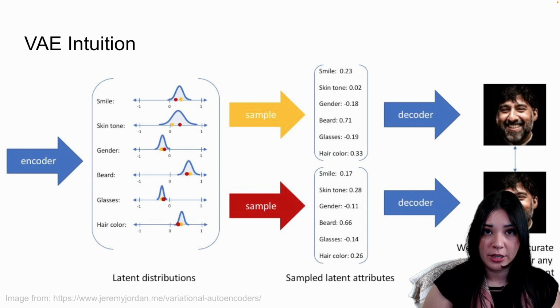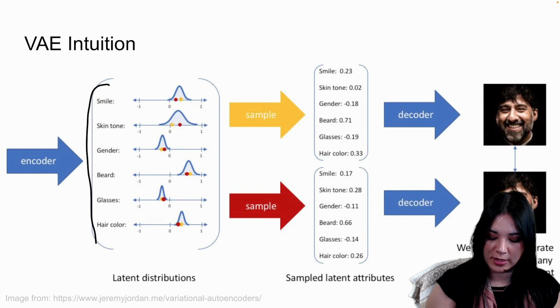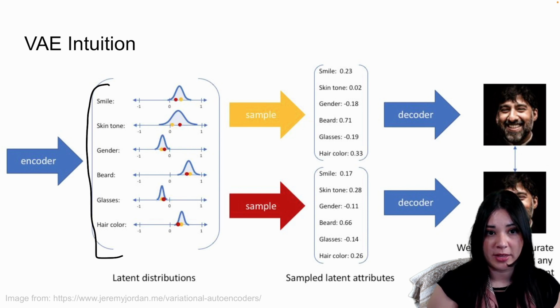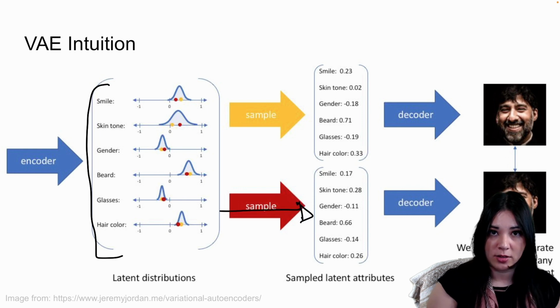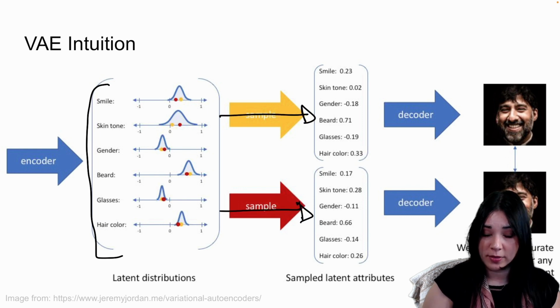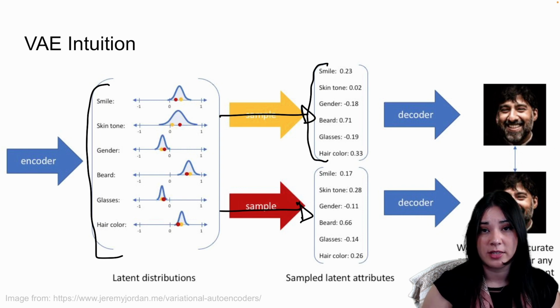For example, here you see these same distributions that we saw on the previous screen, where from the input image, we learned that there's probably a very slight smile and the gender is probably slightly more masculine. We then sample different values from each of these distributions, and the red dots represent the samples for this, and the yellow dots represent the samples for this. Both of these are turned into vectors of hidden representations, and both are sent through the decoder.